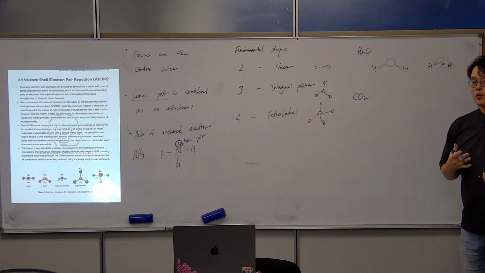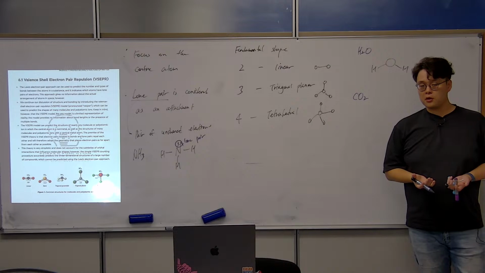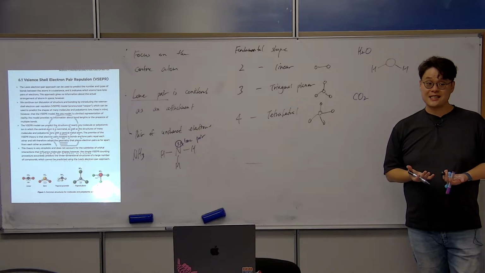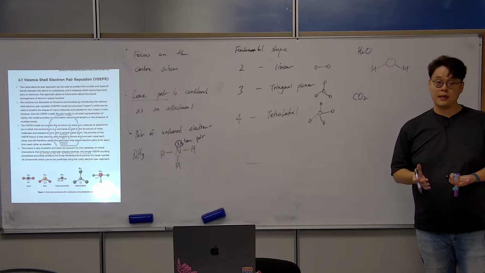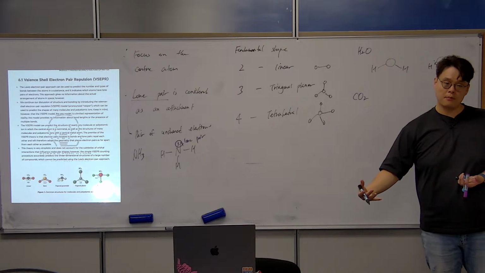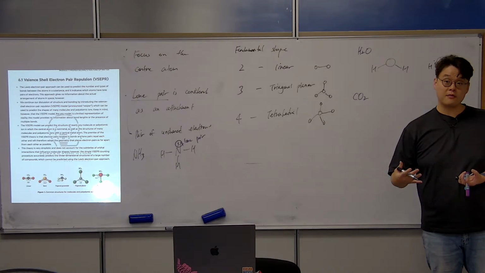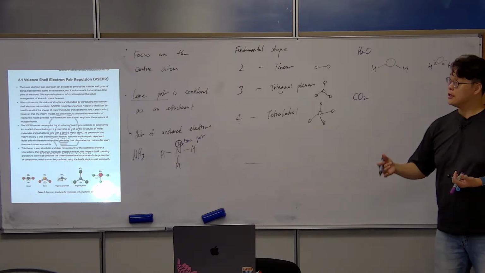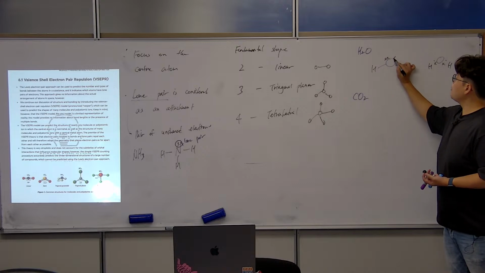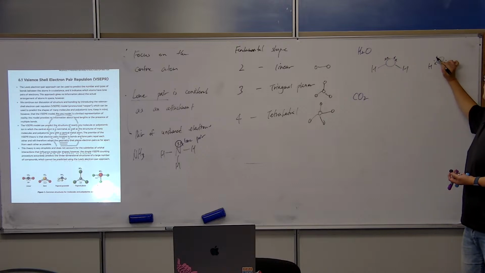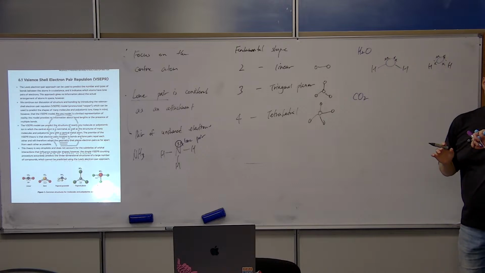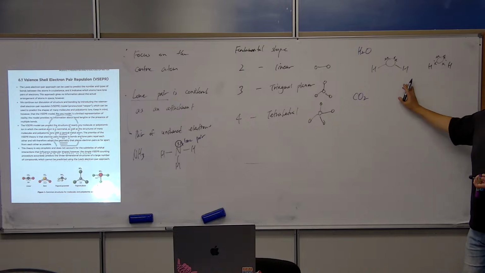Now remember, using your periodic table, you know that oxygen has 6 valence electrons, which means only 2 can be involved in the covalent bonding. The rest, the 4, will be left as lone pairs. So we get the lone pairs on the top, for both of them. Does it make sense?